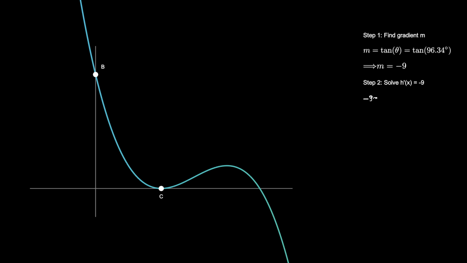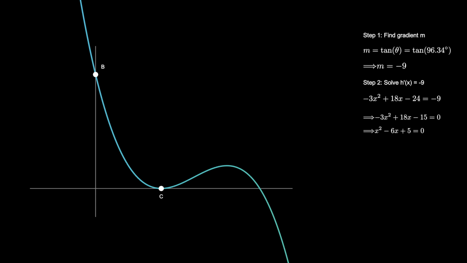Step 2. Find the x value where this gradient occurs. We set h prime of x equal to negative 9. h prime of x equals negative 3x squared plus 18x minus 24. So, negative 3x squared plus 18x minus 24 equals negative 9. Add 9 to both sides.